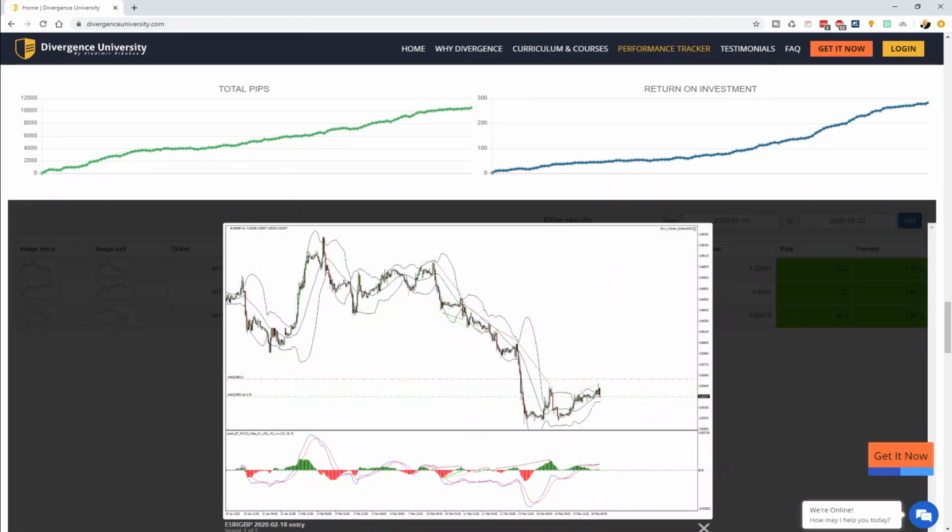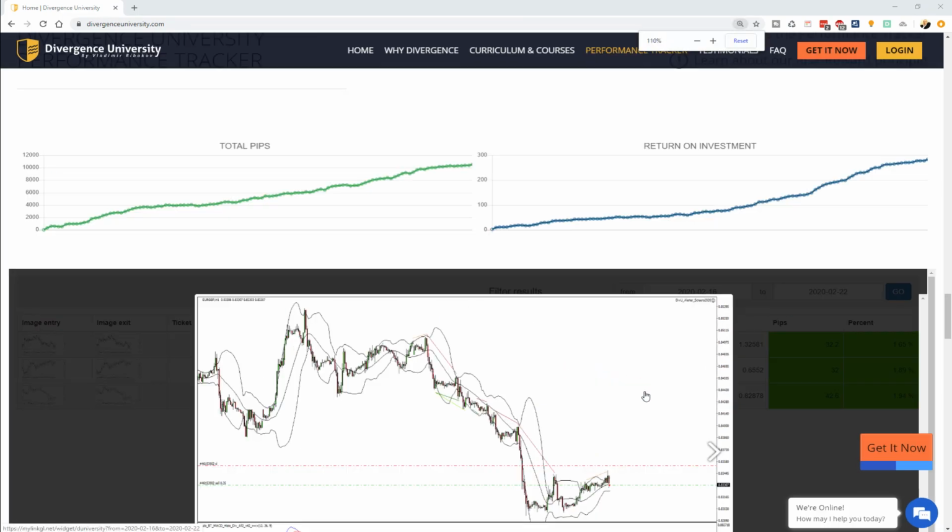Euro pound was a pretty classical setup, right? We started developing this impulsive move here right at the bottom of the weekly range. This is the 1 hour chart, and here we had some kind of double wave, or we can treat it as a range as well, along with this bearish pressure and the divergence plus the false break equals a sell opportunity.